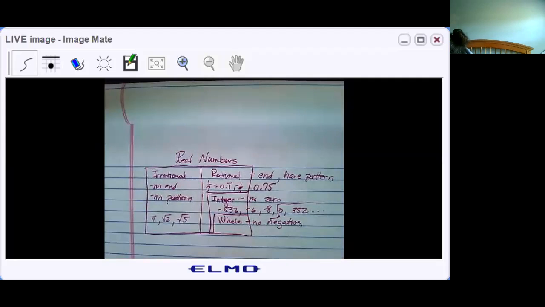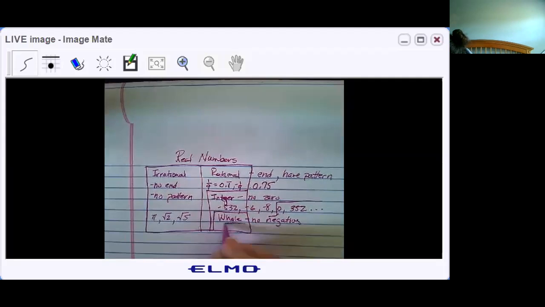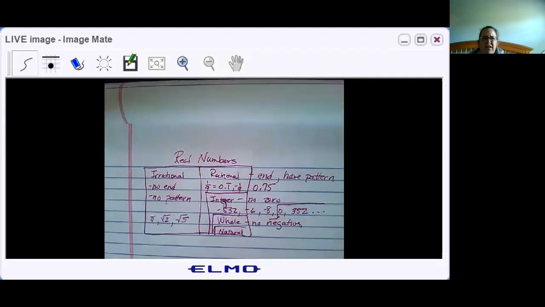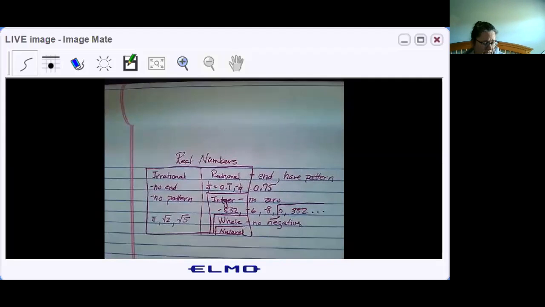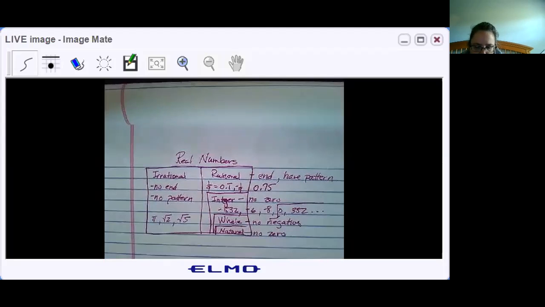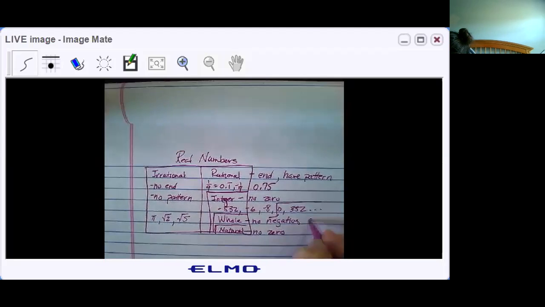And then the last piece of all of this, and the smallest category we have, is the natural numbers. Now, you're going, well, I thought whole numbers was as small as I could get. Well, the natural numbers take one more step. In the set of natural numbers, we take out the number 0. So the whole numbers start at 0 and go up.